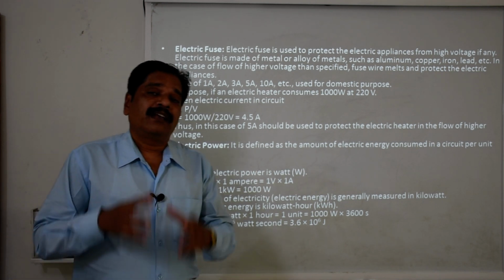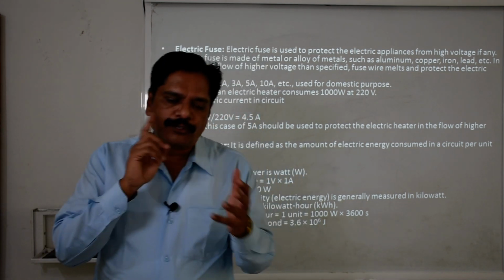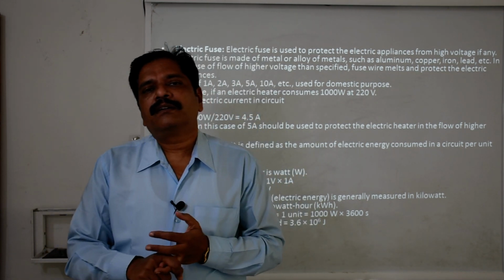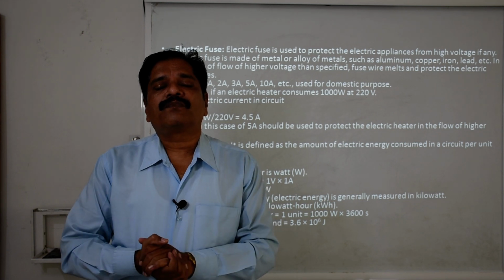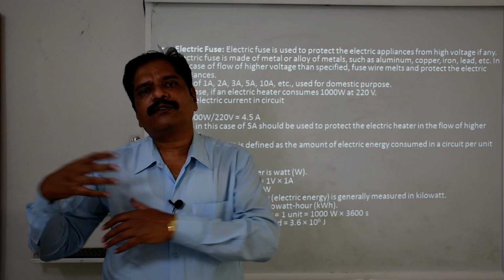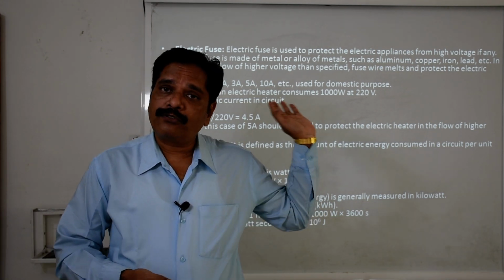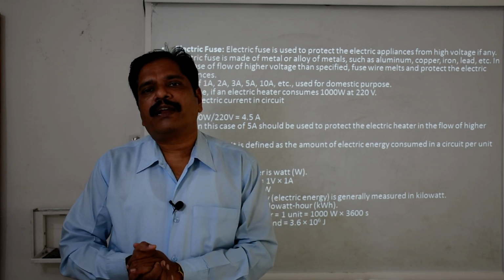As you know, excessive flow of electric current may be responsible for short circuiting and electric fire. So if you want to protect from short circuiting and overloading, then we have to use an electric fuse of proper strength.